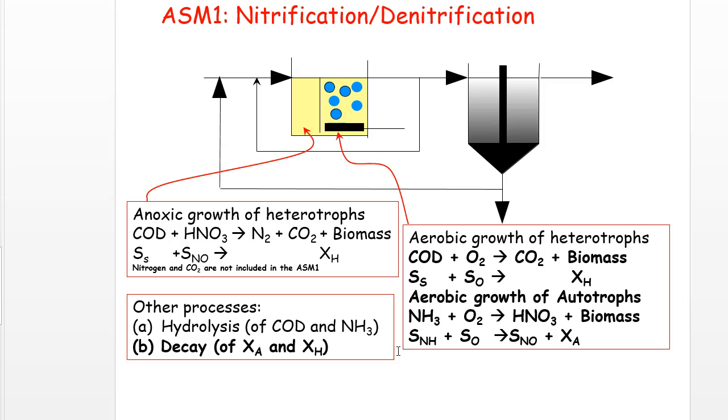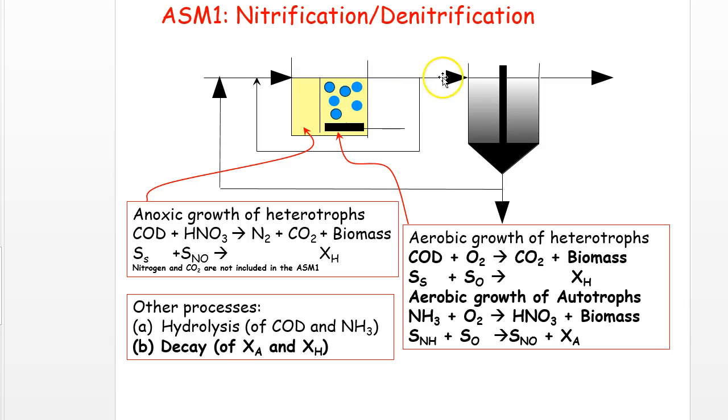And here we can see how it is implemented in a typical activated sludge plant, where we have the inlet flow, and the reactor with 2 compartments, one anoxic for denitrification, one aerobic where air is supplied to stimulate nitrification.